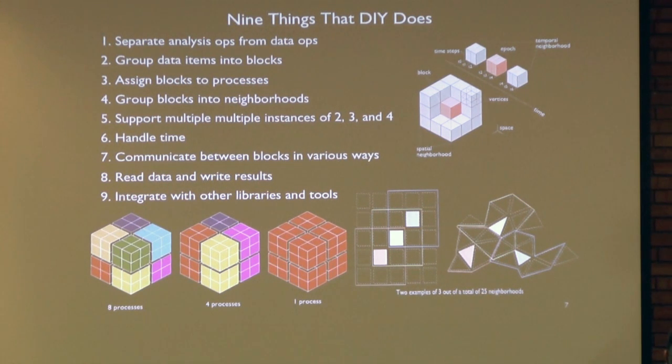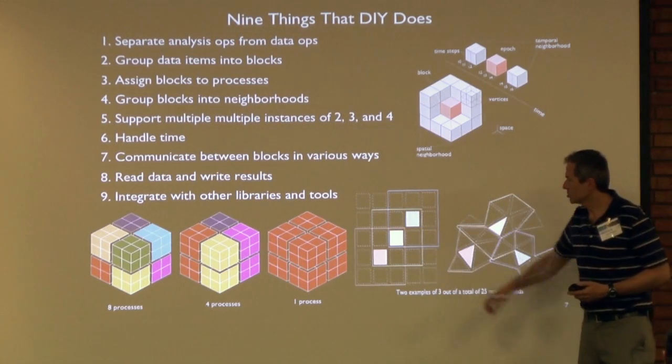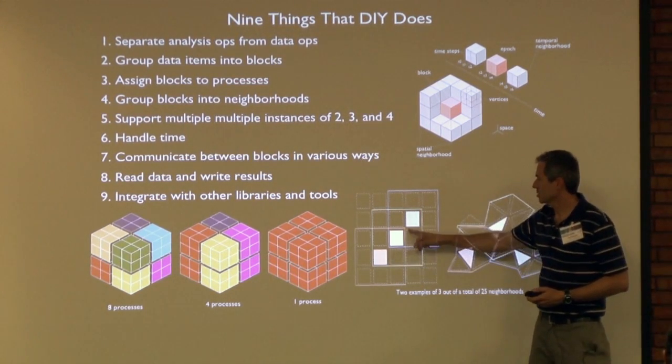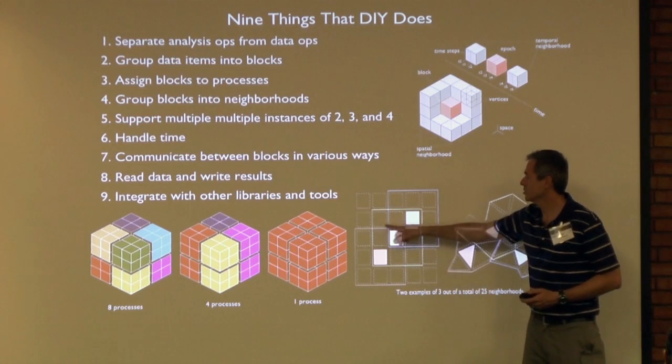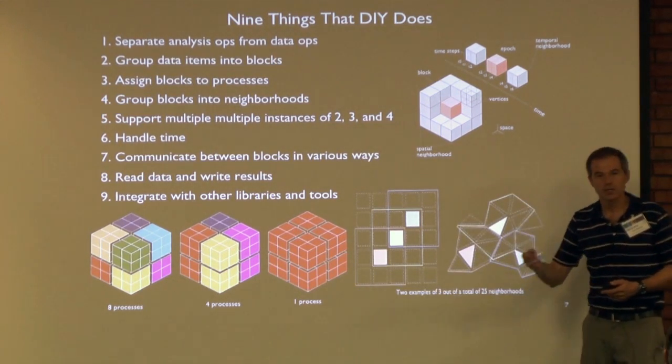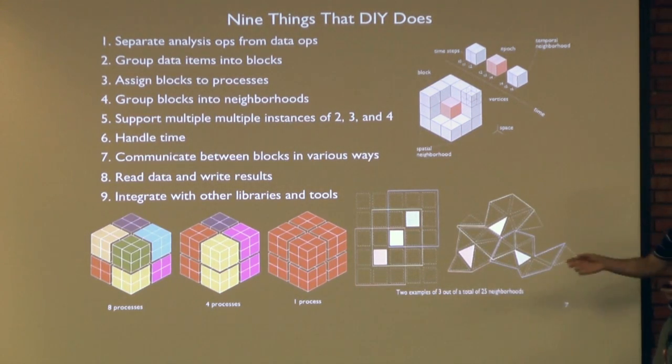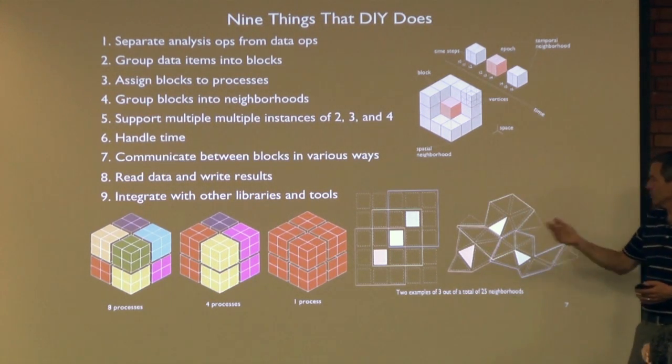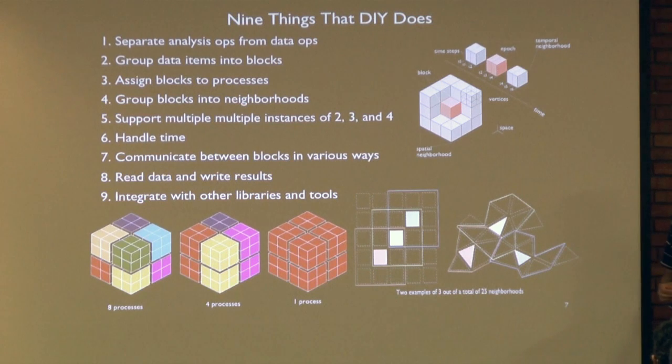Okay. Then the next level of grouping is to group blocks into neighborhoods. So when we do neighborhood communication, here's an example of a structured grid. If this is a block, its neighborhood could be the physically adjacent blocks around it. It's up to you how you assign neighborhoods. DIY will do the regular structured grid itself for you, but a neighborhood could in fact be anything that you want.